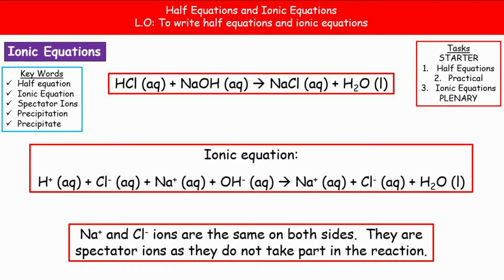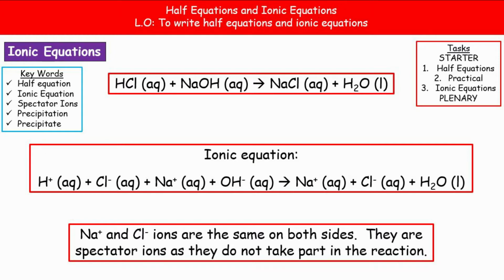So at the top, we've got our balanced symbol equation for the reaction. So in this case, hydrochloric acid reacting with sodium hydroxide to make sodium chloride and water. So if we write the complete ionic equation, we need to write down every ion involved. So what we start off with, if we look at HCl, then that's made up of hydrogen ions, H+, and chloride ions, Cl-.